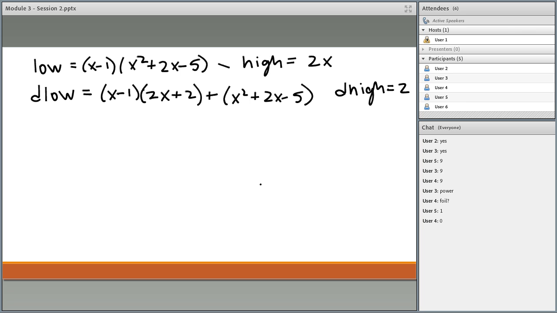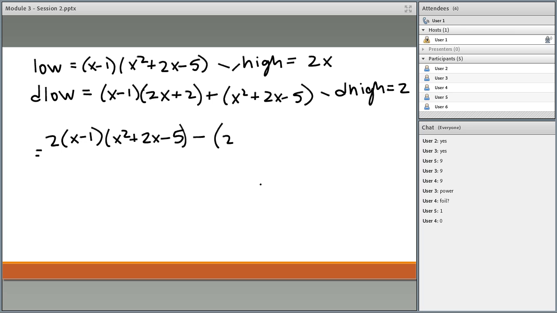So now we can cross. So we have 2 times x minus 1 times x squared plus 2x minus 5. And then minus high d low.